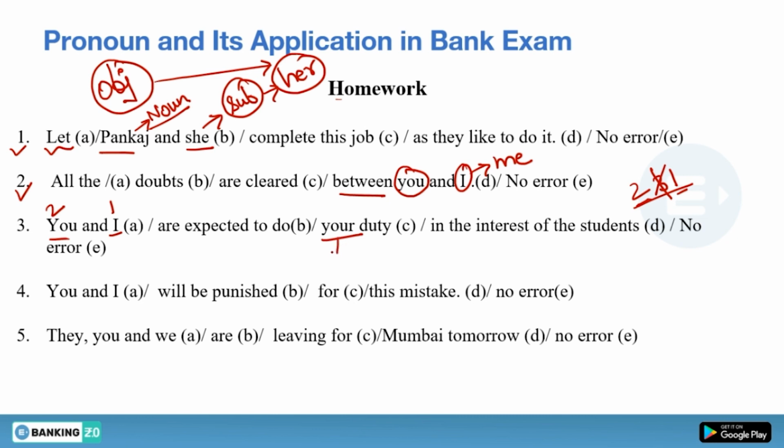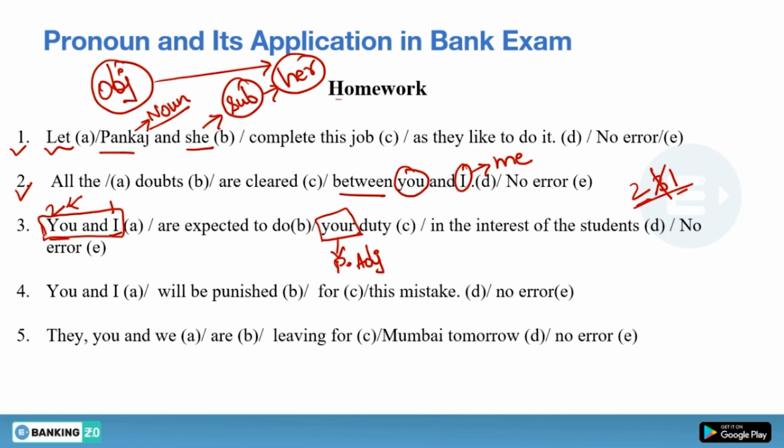If we use this possessive adjective, what is the part of speech for this your? Possessive adjective. If we use your duty, it means it is only representing you. Your is representing you only, but here we can see I is also used as subject. So you and I become plural subject. Whenever we have plural subjects, we have to use plural verb, right?